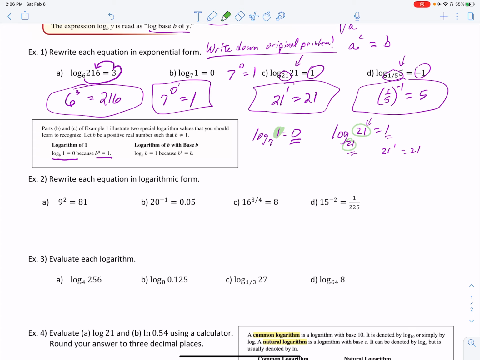So when this base matches the argument, we should expect that the output is 1. And that's what this is saying right here. Log base b of b equals 1 because b to the first is b. Those are properties of logarithms.